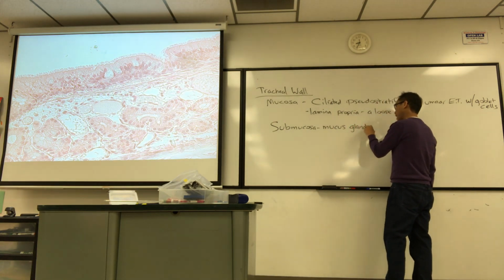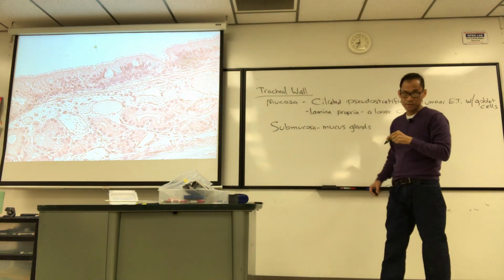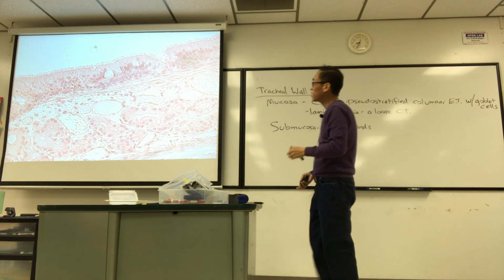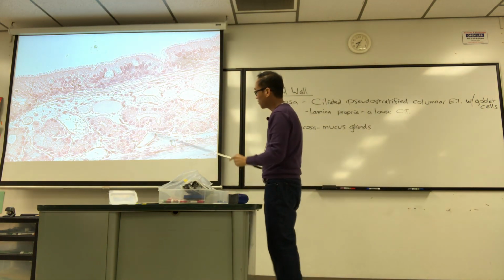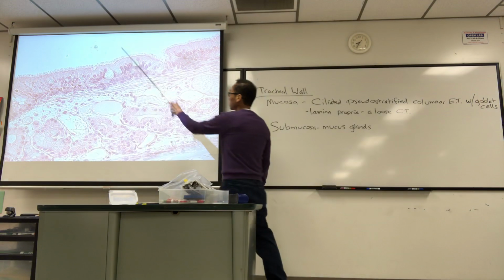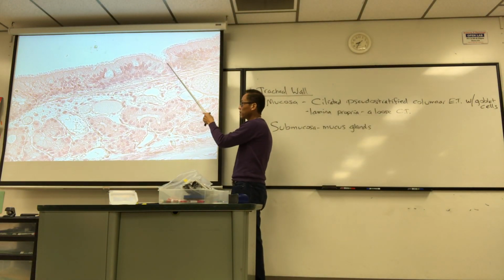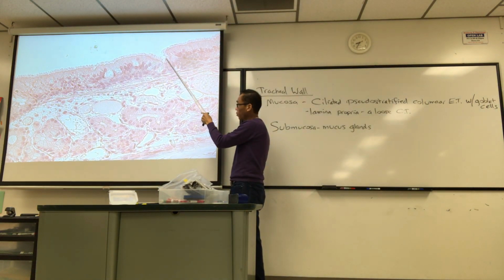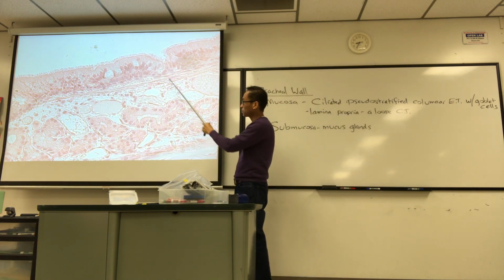And all this mucus, it has to be secreted onto the surface. So you can't see it, but each of these is going to have a duct to the surface. See how it kind of like divots like that? That's not an accident. That's where one of these glands has a duct to the surface.